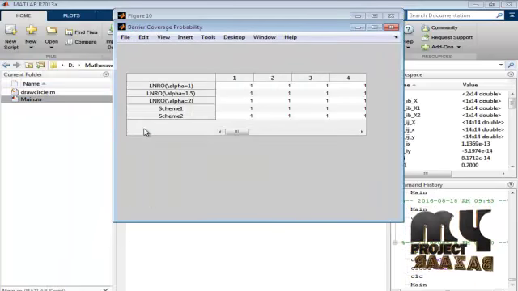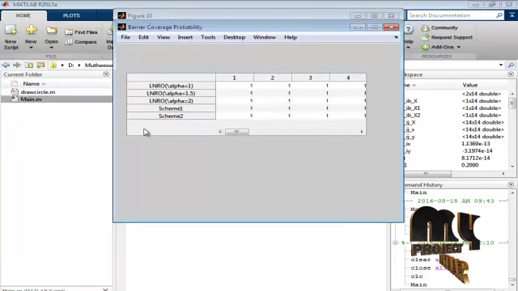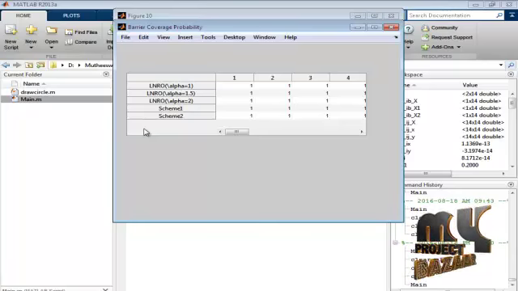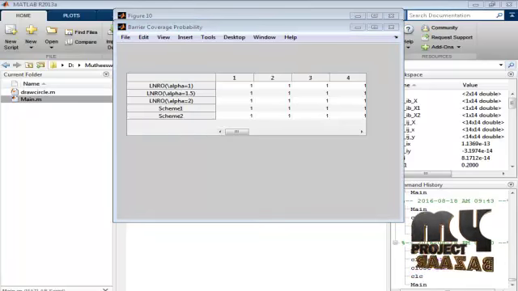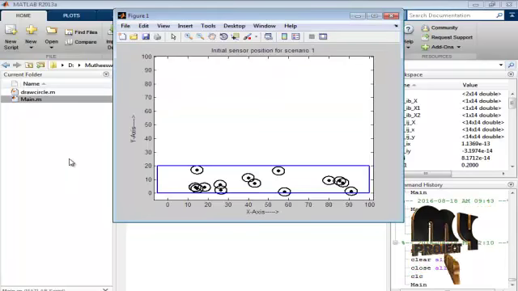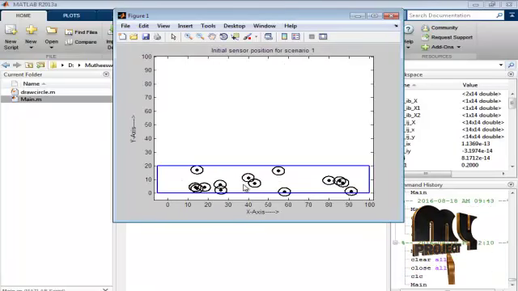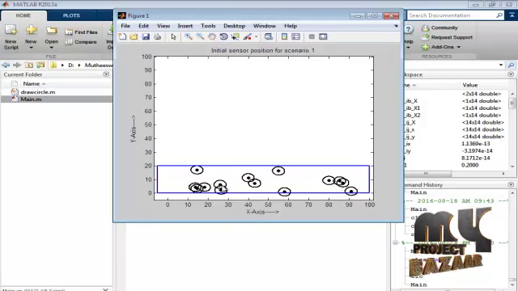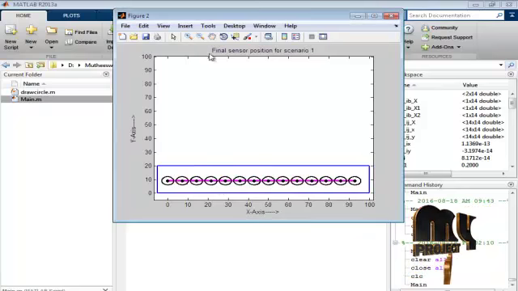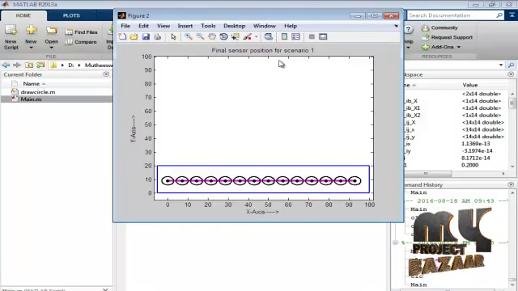Here we perform the self-deployment for our barrier coverage probability and we obtain the result. This is the initial sensor position for scenario 1. Here, within the rectangular belt, we deploy the sensors at random locations, and this is the final sensor position.